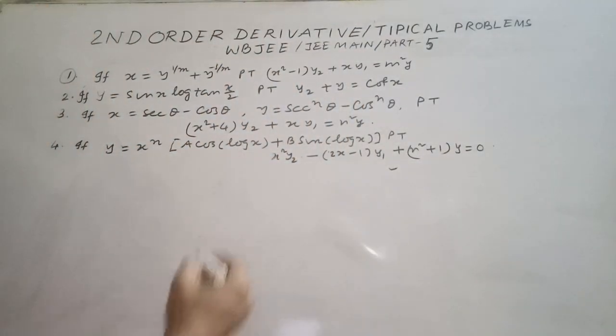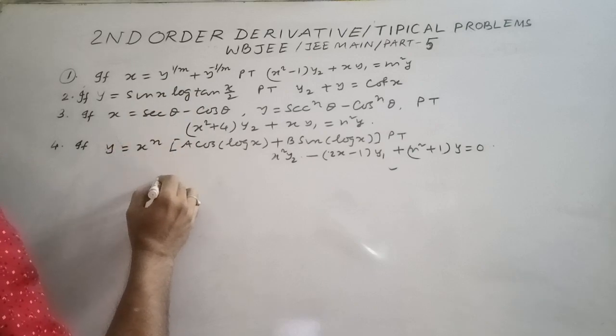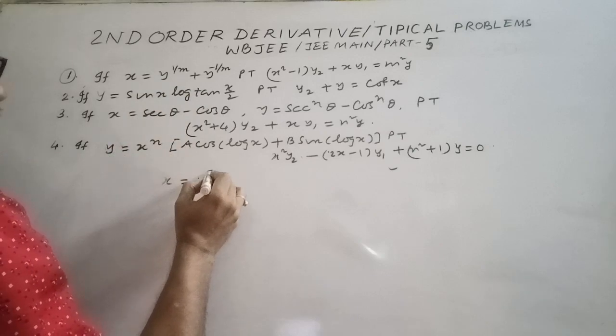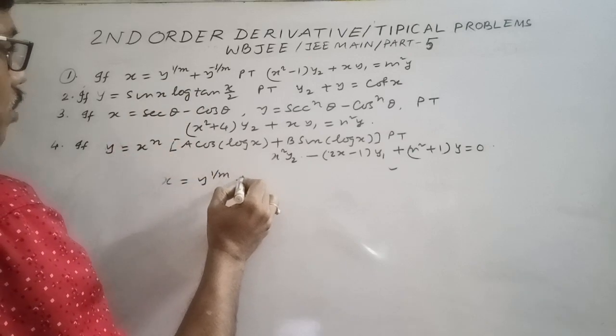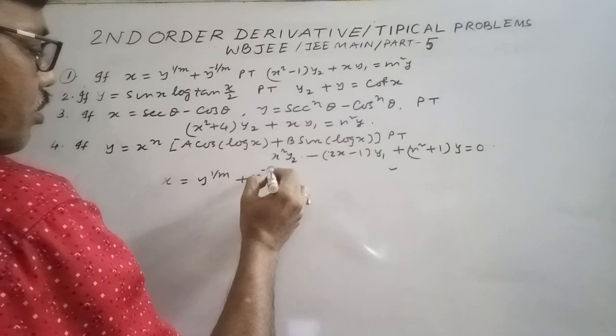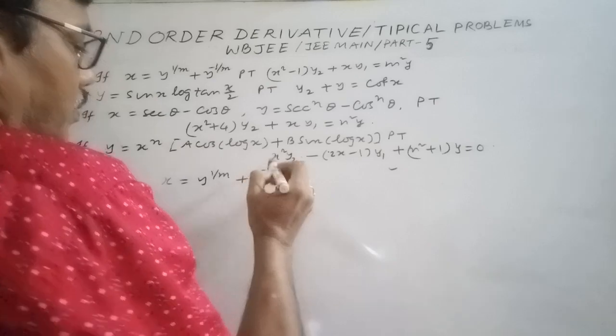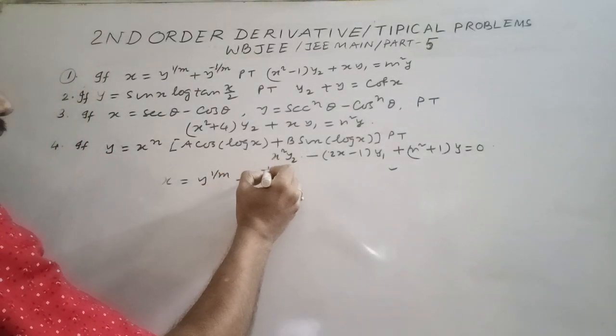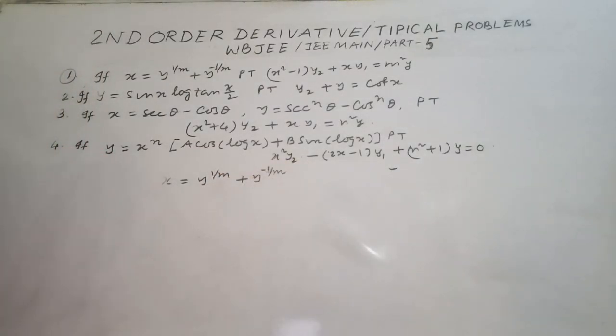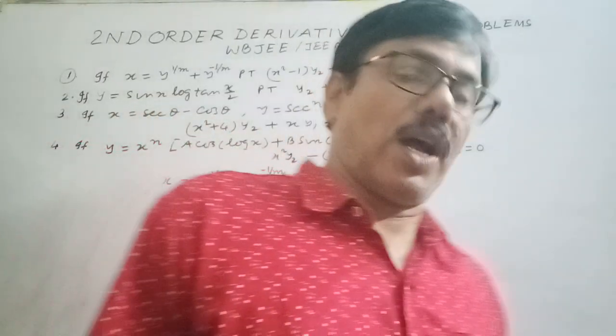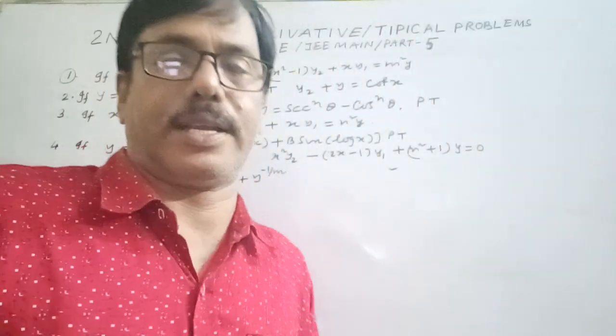So let us consider x equals y to the power 1 by m plus y to the power minus 1 by m. So x is given in terms of y. Our main aim will be to express y in terms of x.